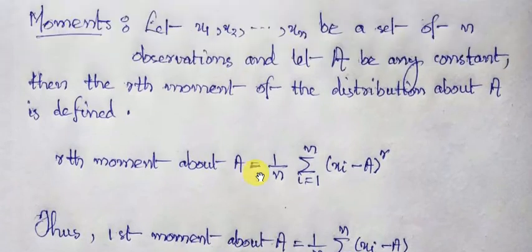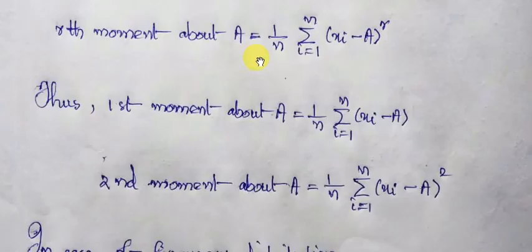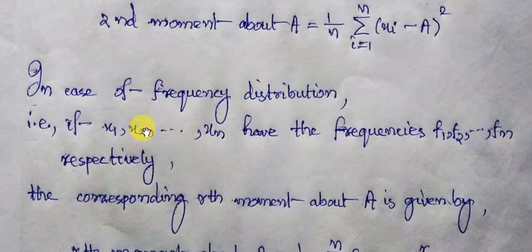And if this set of observations x1, x2, and so on, xn is with some frequencies, as we have considered here, the observation x1 has frequency f1, and for the x2 observation the frequency is f2, and so on. Similarly, the xn observation has frequency fn.